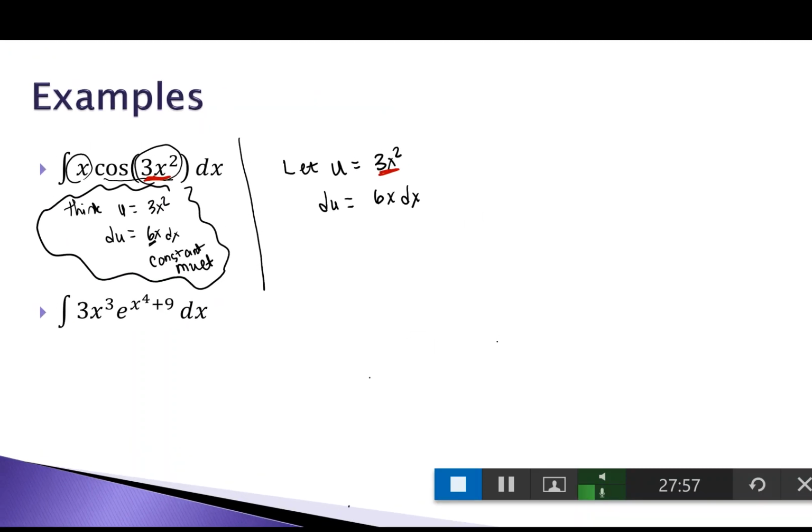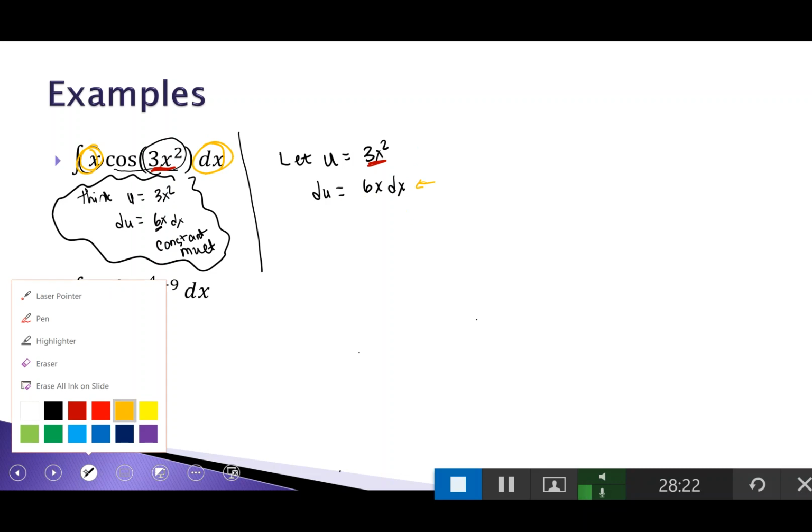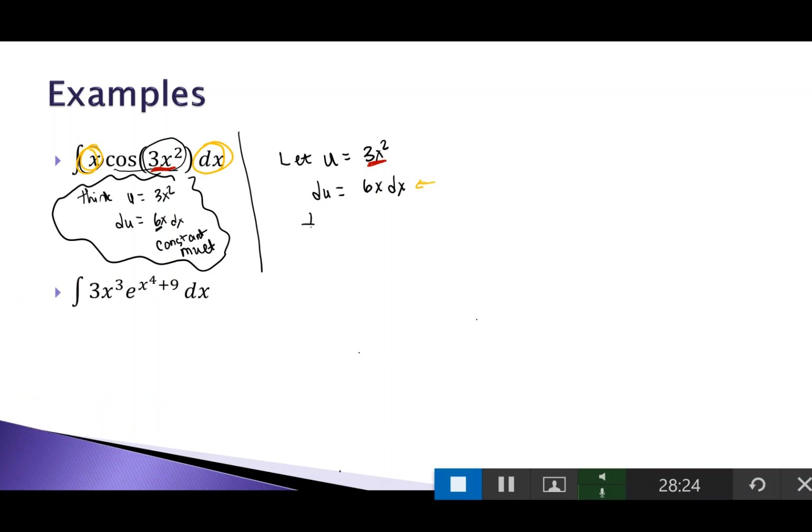However, I don't have a 6x dx, so what I'm going to do is divide my du by 6. Here's why I'm going to do that. I've got an x dx left over, so I want to make this equation look like x dx. So I'm going to divide both sides by 6 to make that happen. 1/6 du equals x dx. And now I can substitute in.